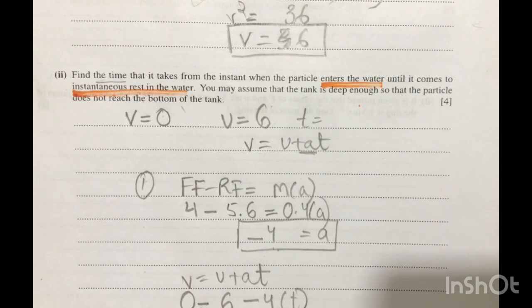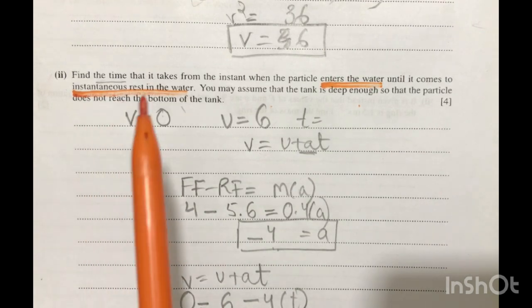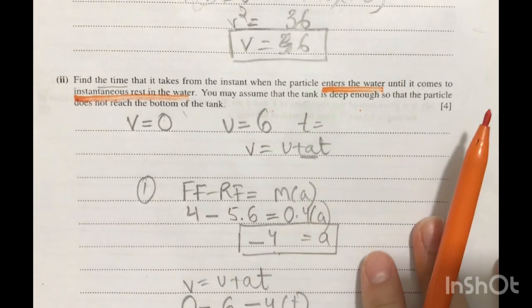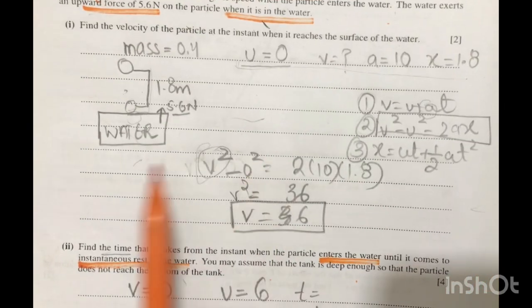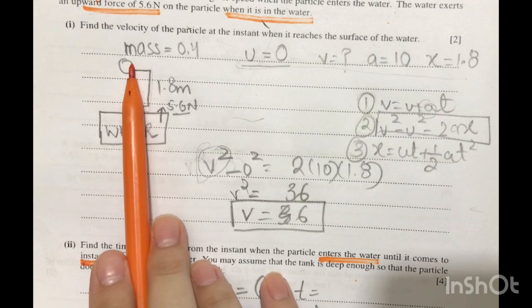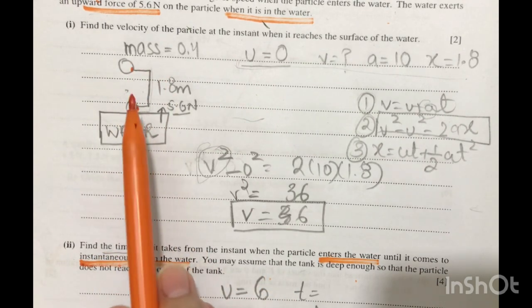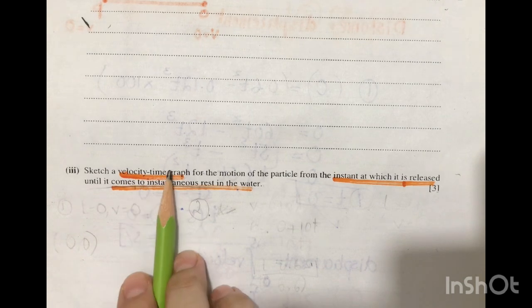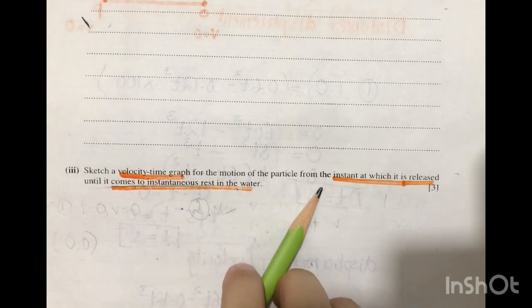If they had asked for the total time from projection, which means from the time that it was released till the point that it comes to instantaneous rest in the water, you would have also found out the time that it takes for it to start from this point and reach this point, and then you would have added 1.5.